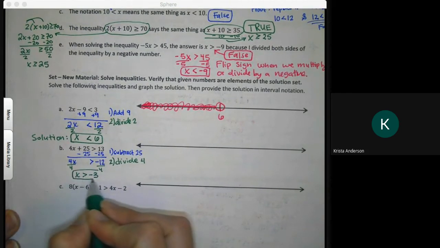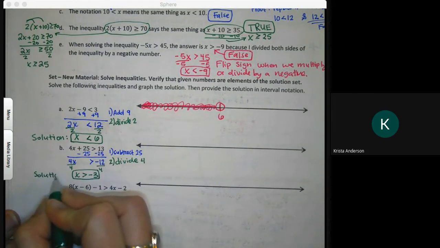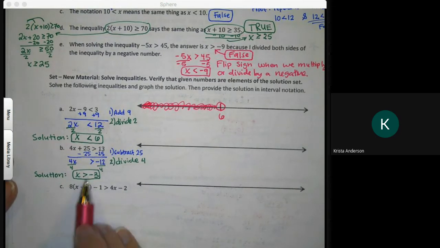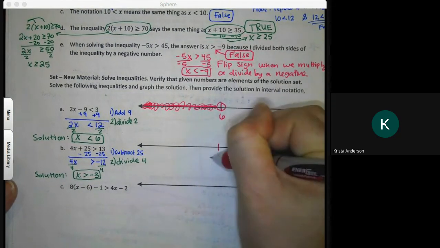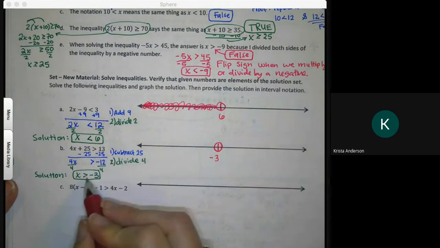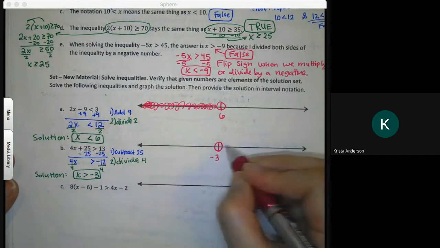This is what I would type in as my solution. I solved for what x would be. X is a number greater than negative 3. So I would place my negative 3 with an open dot. And then I would shade to the right. That's the way it's pointing.